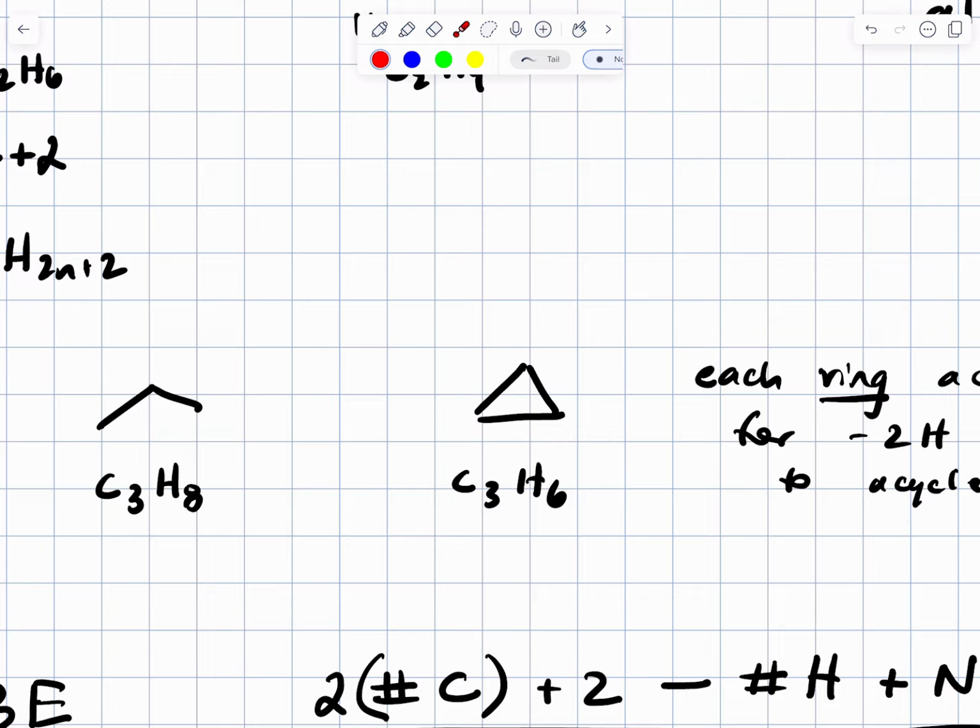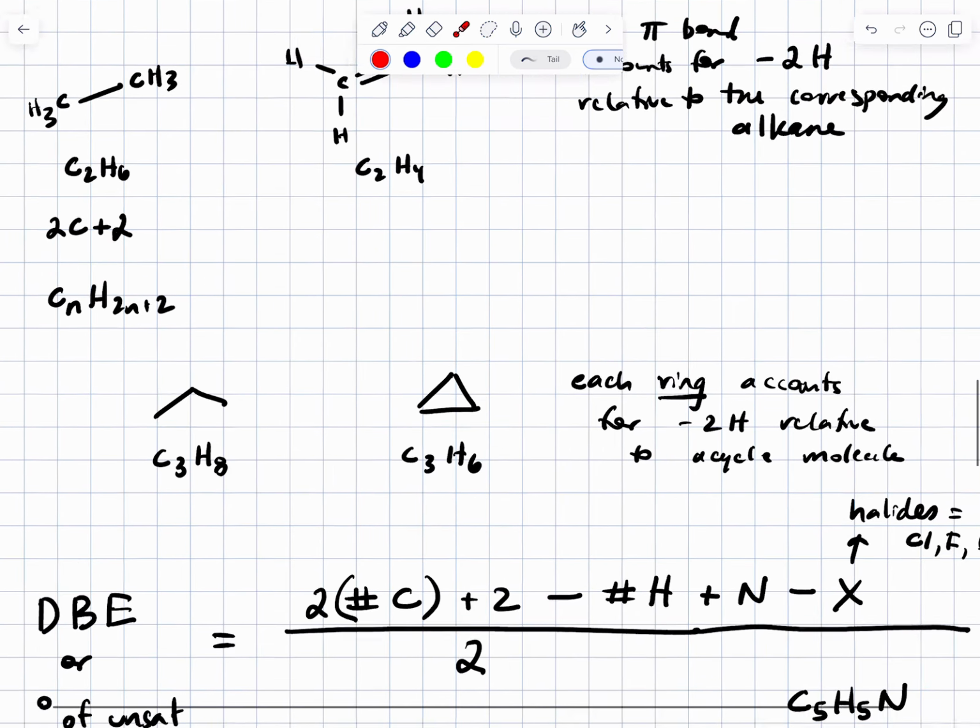Every ring you introduce accounts for 2 hydrogens that are missing relative to the acyclic alkane. Why? Well, to get the ring, you have to pop 2 hydrogens off the ends and then connect the carbons. Okay? So if you can look at a formula and compare the number of carbons to the number of hydrogens, you can tell whether there are any pi bonds in that molecule or not.